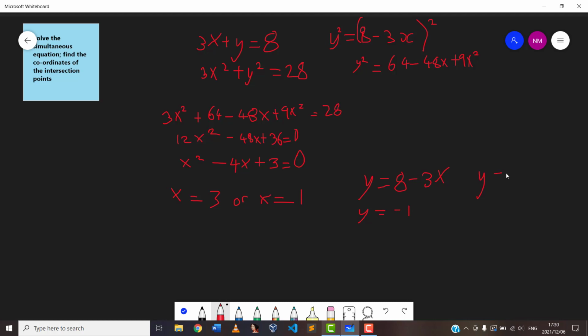And when x equals 1, y would be equal to 8 minus 3, which is 5. So let's write the coordinates down: (3, minus 1) and (1, 5). Those are the coordinates of the points of intersection between this curve and this line here.